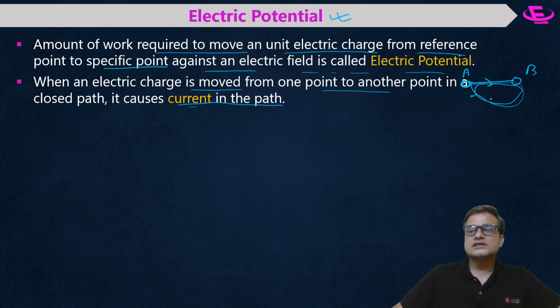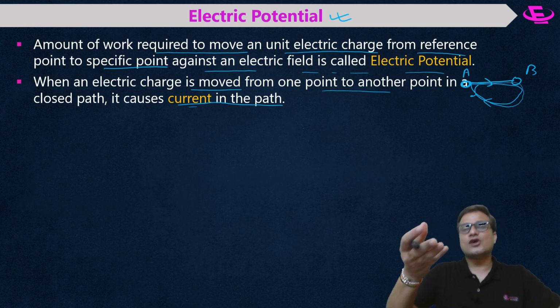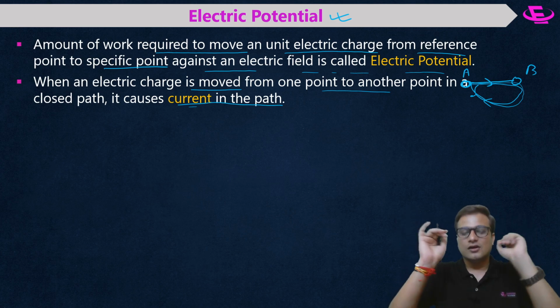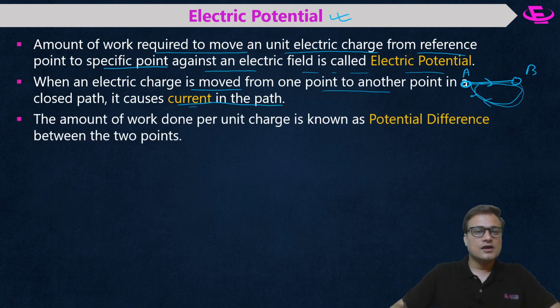So now you can say that if there is electric potential, then it can cause electric current. If you apply electric potential, it will cause electric current in the closed loop. Clear?